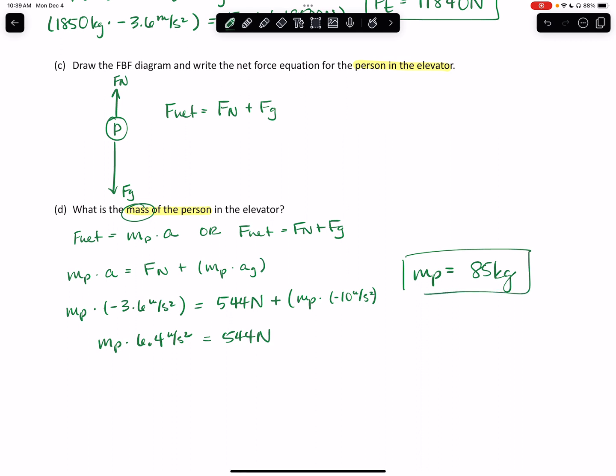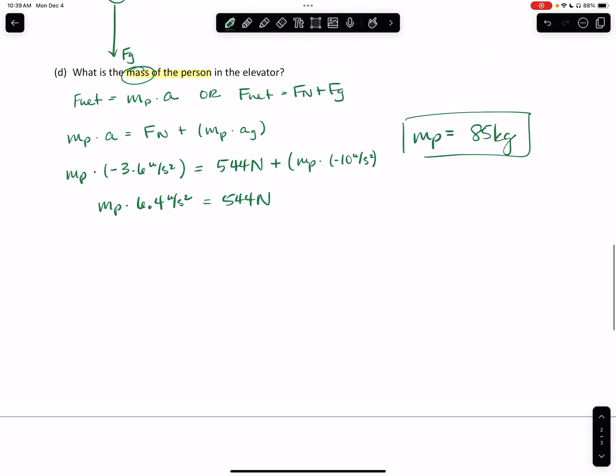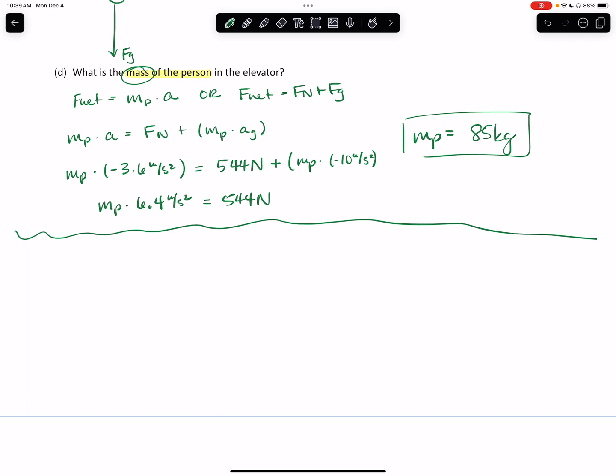So this is another way to think about these elevator problems. In summary, there are three ways to feel in an elevator. And I'm going to draw your force diagrams for these.